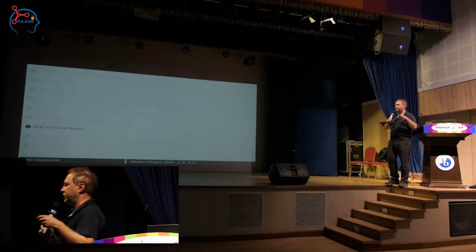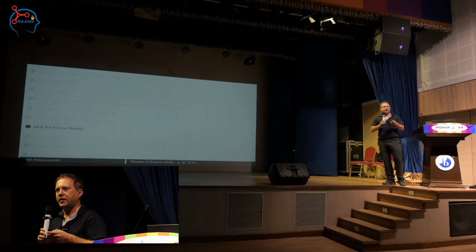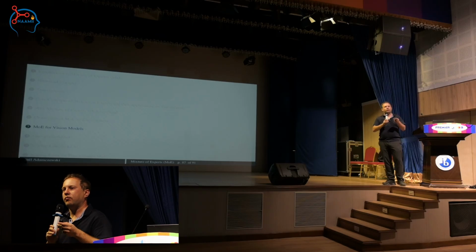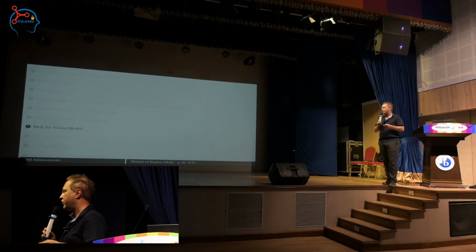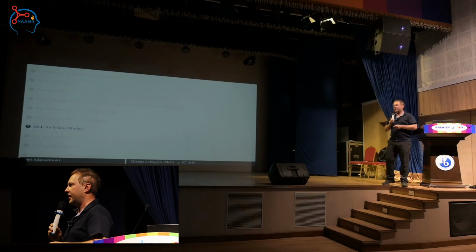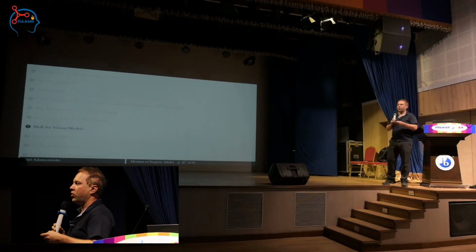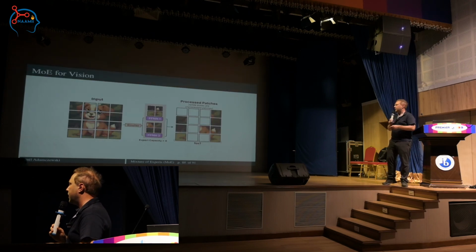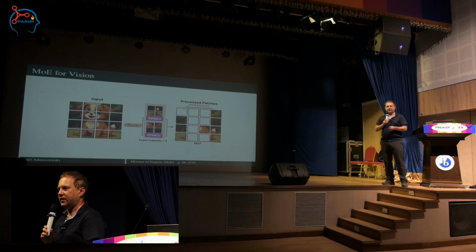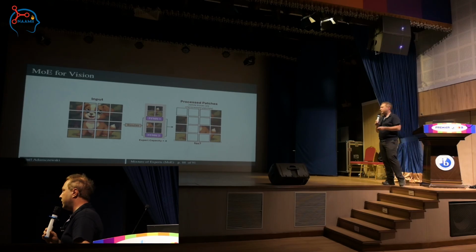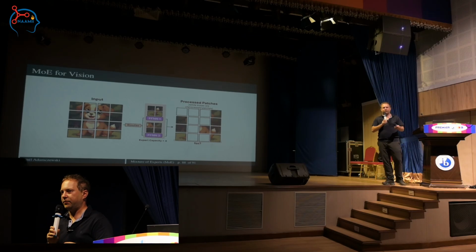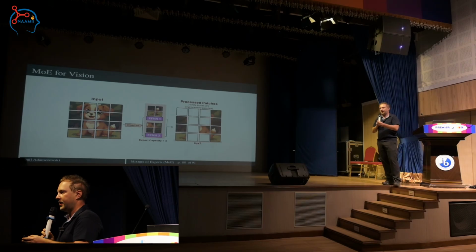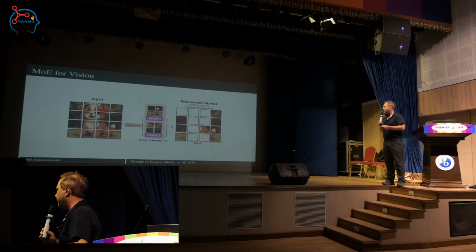Generally, I was trying to talk most generally, but I gave probably more examples about NLP. MoE can also be used for vision models. You are definitely familiar with vision transformers, where we divide the picture into patches and then feed them into the transformer.